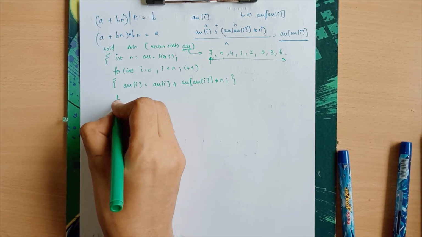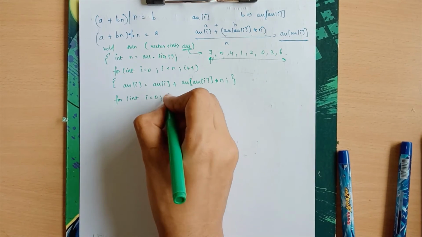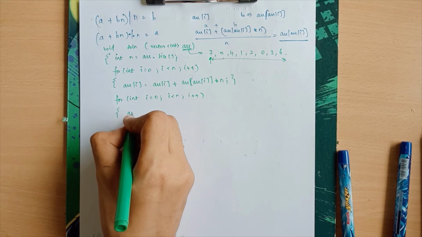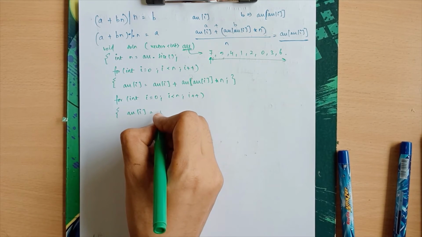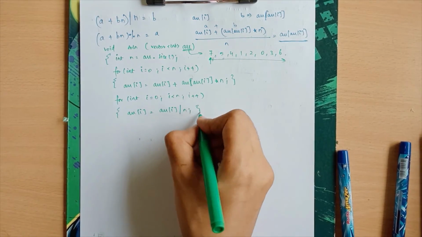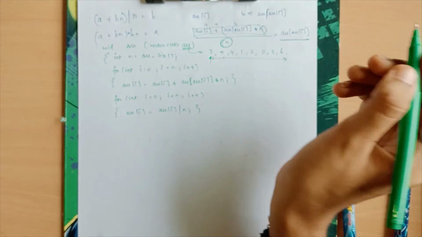And then, to avoid confusion, I'm writing another loop. I is less than n, I plus plus. Here, array of I is equal to array of I divided by n. I'm writing it as two steps, okay? The first one is this step, the second one is this step.